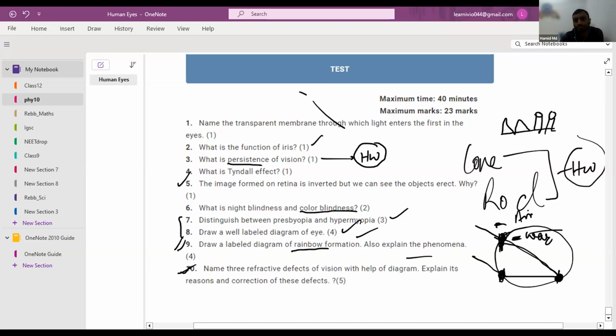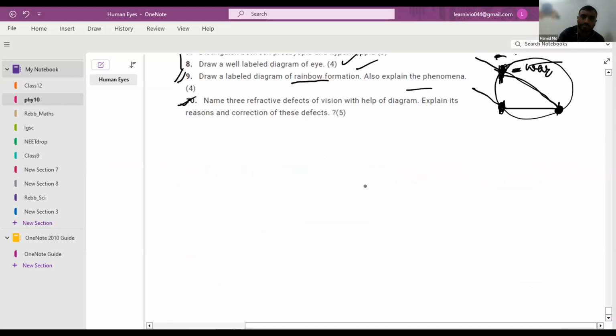Sir, can I ask about the difference in that question, glass prism and glass slab? Okay. Slab means, see, a slab may be long or very thin.